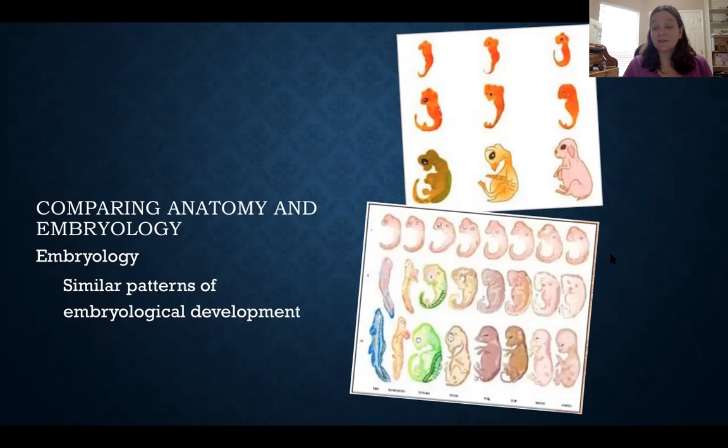There are definitely some similarities, especially amongst mammals, in how we develop, but not so pervasive throughout the entire animal kingdom. There's a lot more difference than these pictures tend to show.